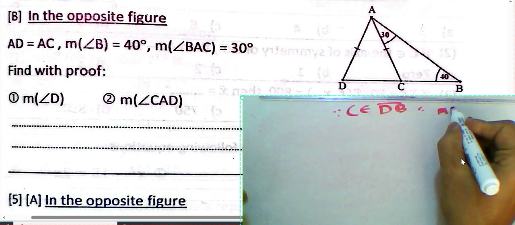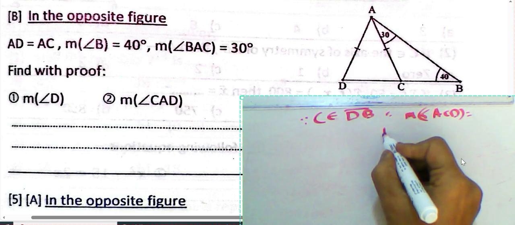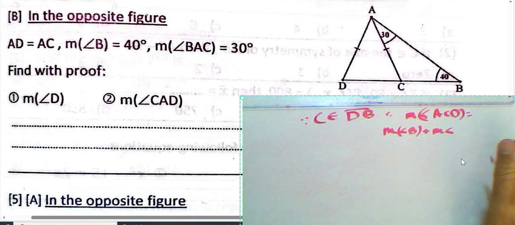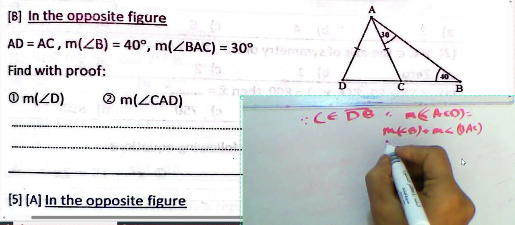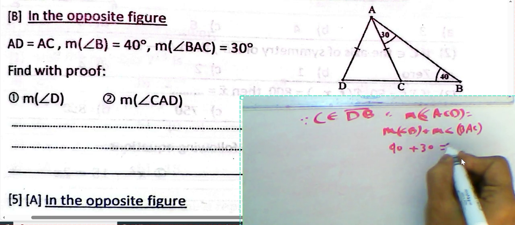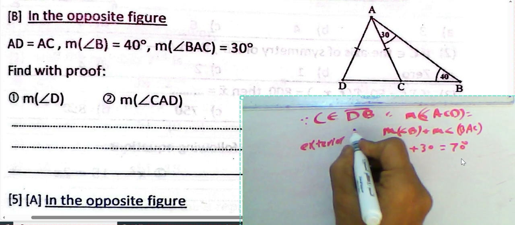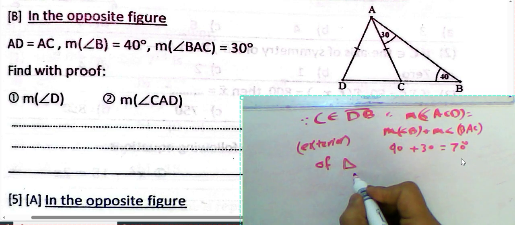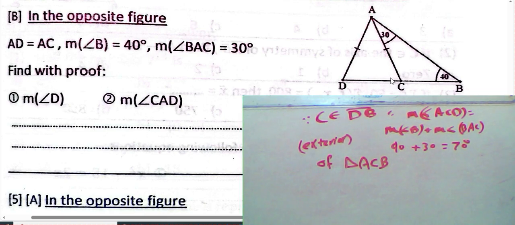Then the measure of angle ACD is equivalent to the measure of angle B plus the measure of angle BAC. 40 plus 30 equals 70 degrees. We can write it as the exterior angle of triangle ABC. Understood? This angle will be 70 degrees, the exterior angle.